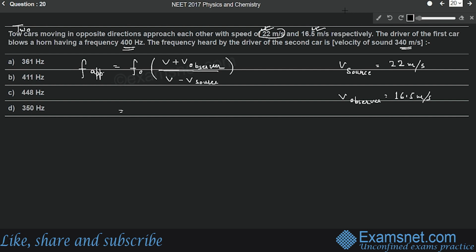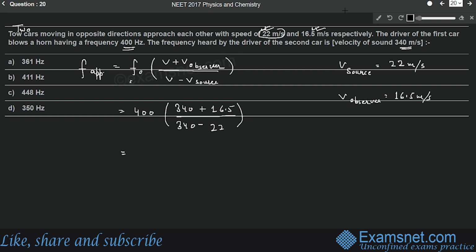Let's put the values. The frequency of the source is 400 Hz. Velocity of sound is 340 meter per second plus velocity of observer is 16.5 meter per second divided by velocity of sound, again 340, minus the velocity of source, that is 22 meter per second.